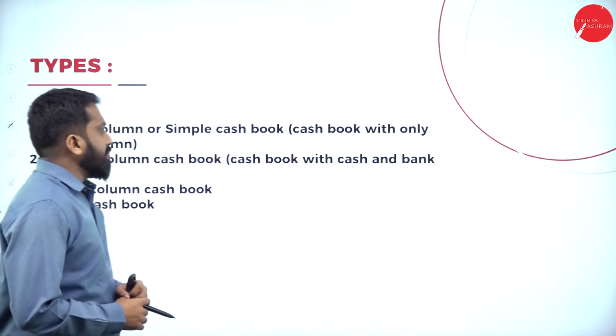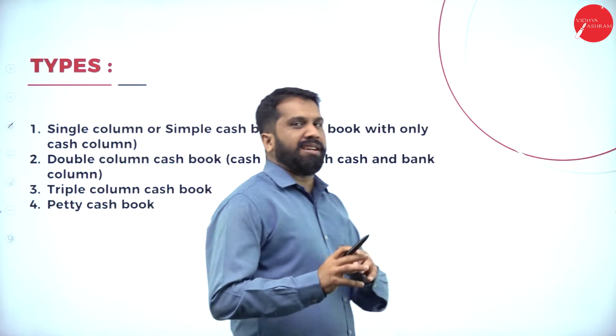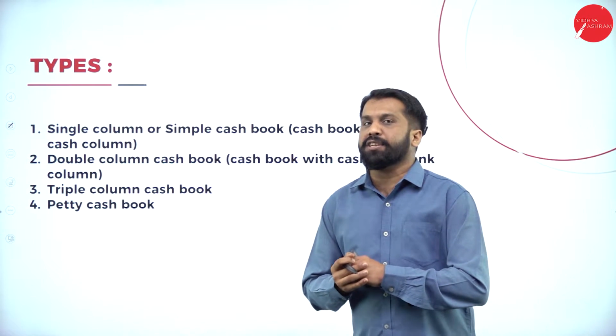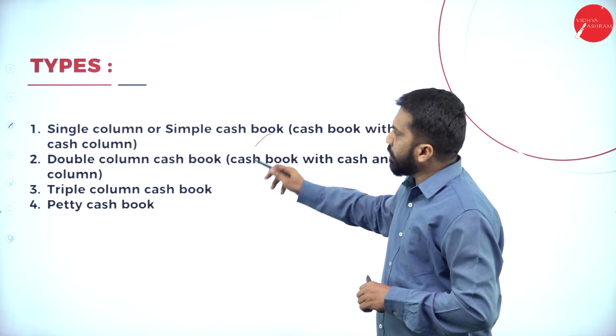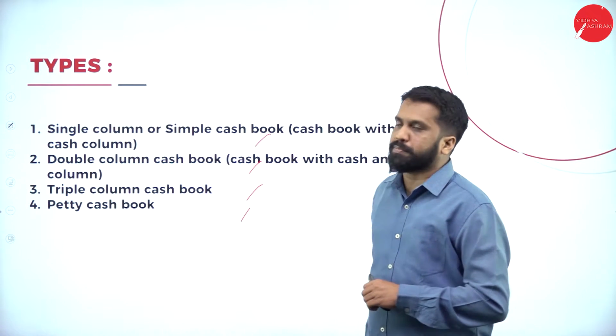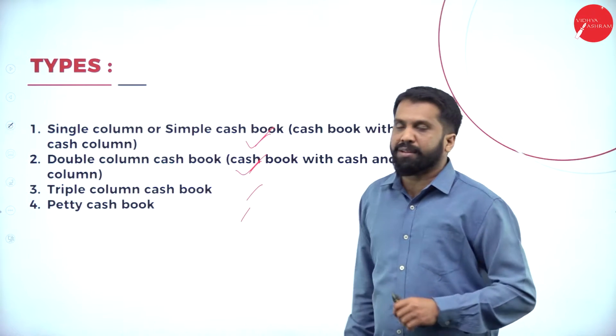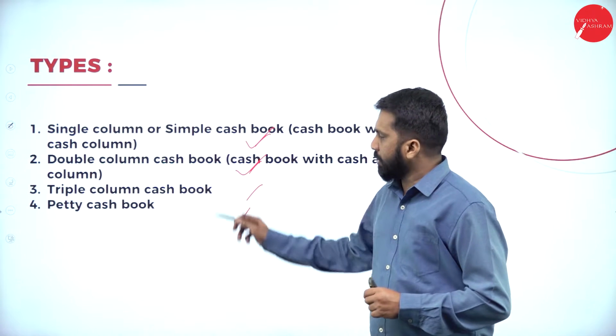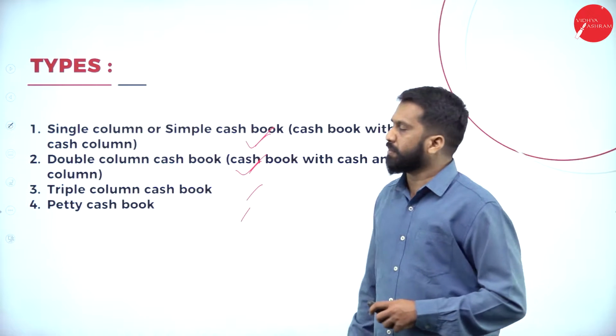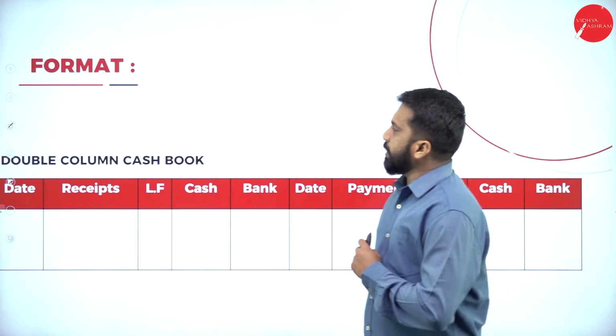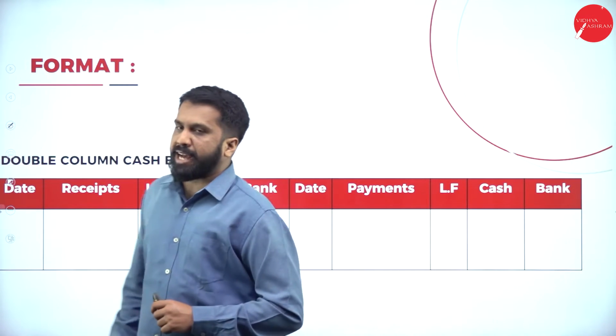Now, types we have already discussed, just a recall or revision. You have single column, double column, triple column, as well as petty cash. Single column we have completed. Now we are doing double column cash book. Later we'll go for triple as well as petty cash. So this is the format of your double column cash book.